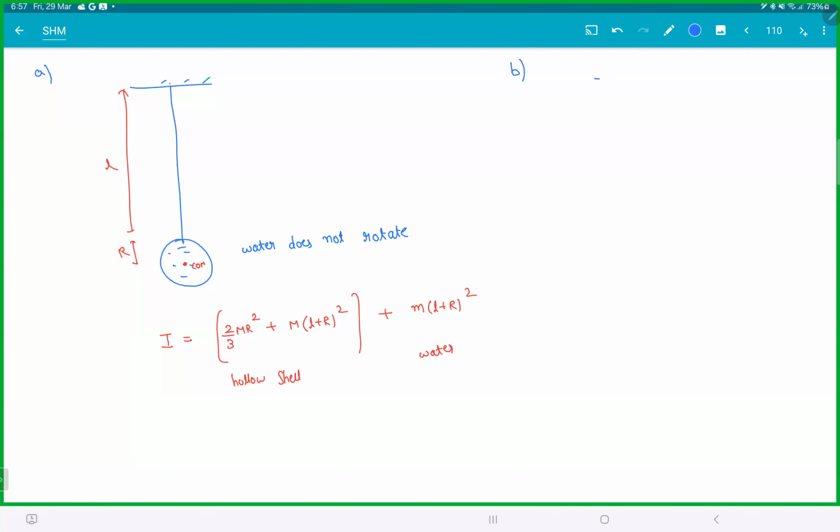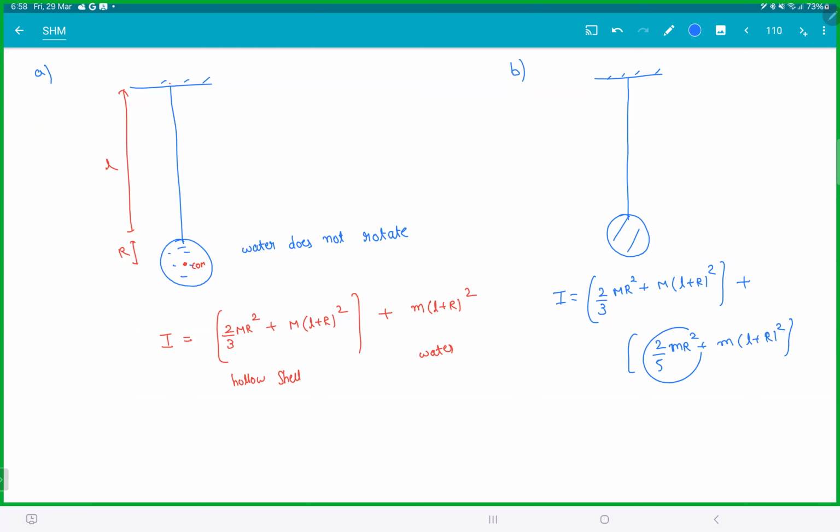When it is frozen to ice, now the moment of inertia will be 2/3 MR² plus M(L+R)² plus 2/5 mr² plus m(L+R)². So the only thing that will change is this one term here, the rotational component.